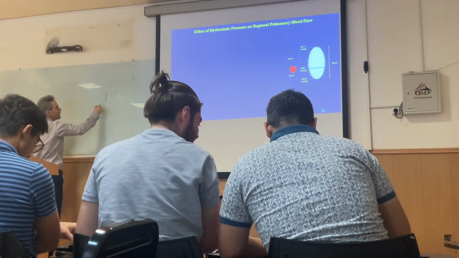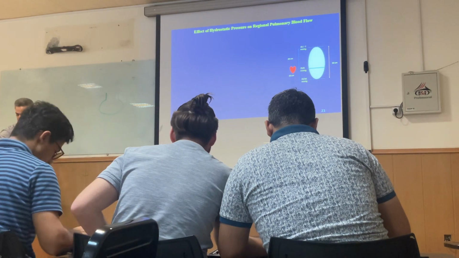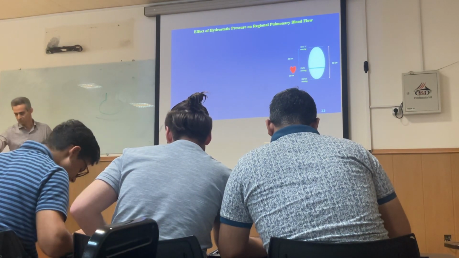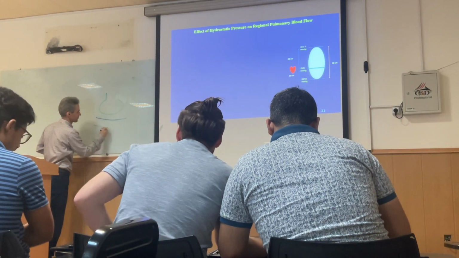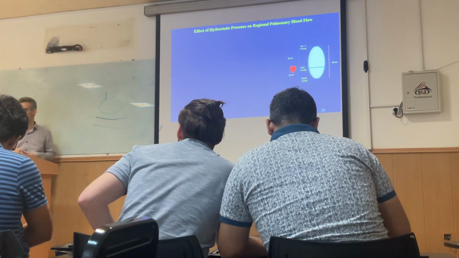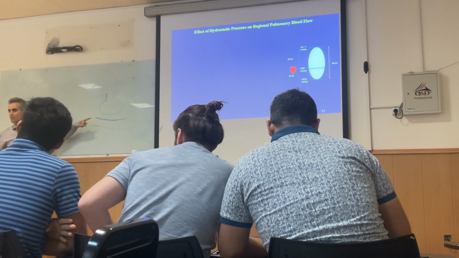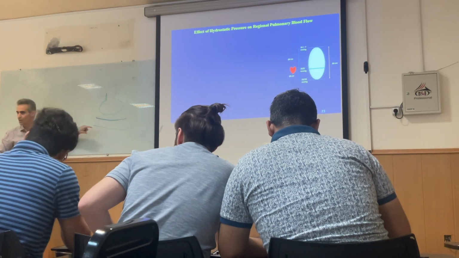Again, this is our alveolus, and this is the capillary. Here I want to have a circulation, blood circulation inside of this capillary.